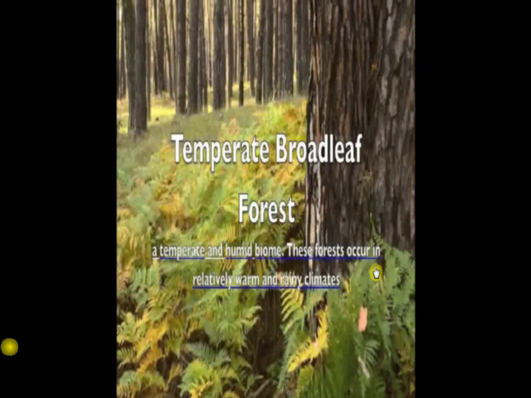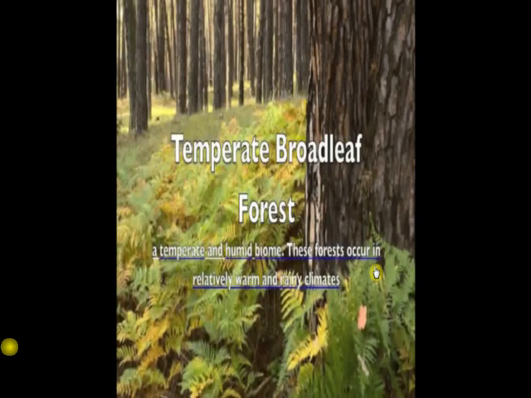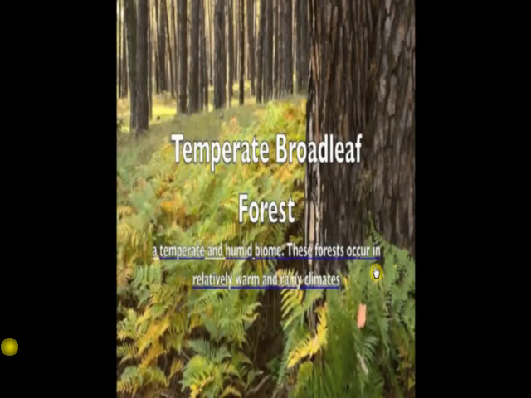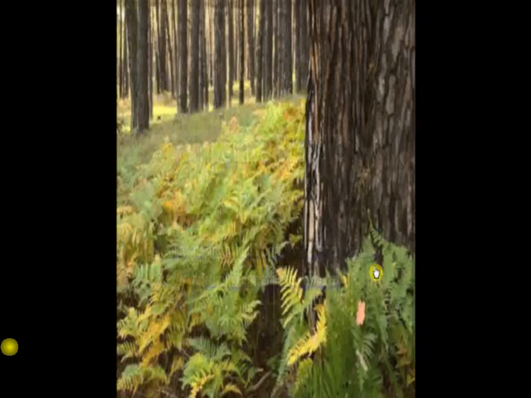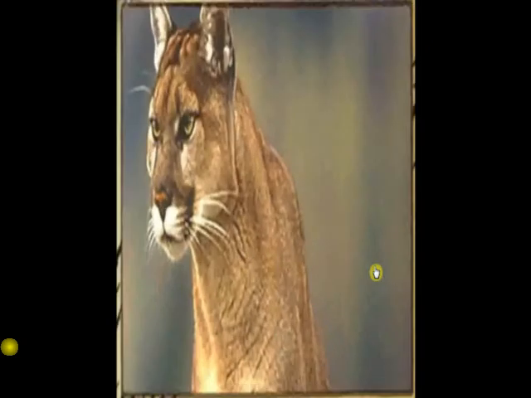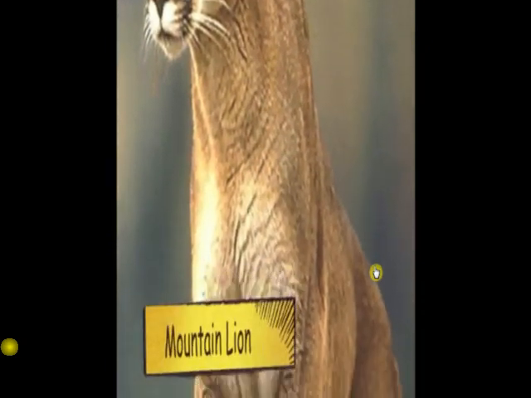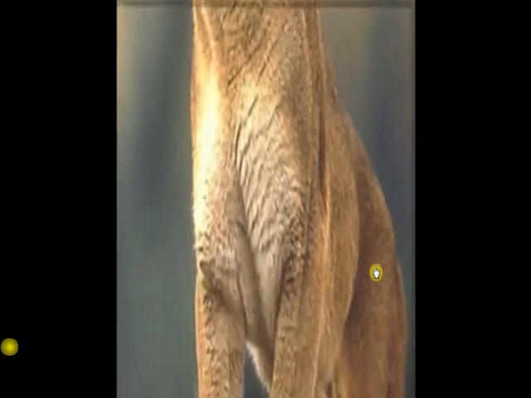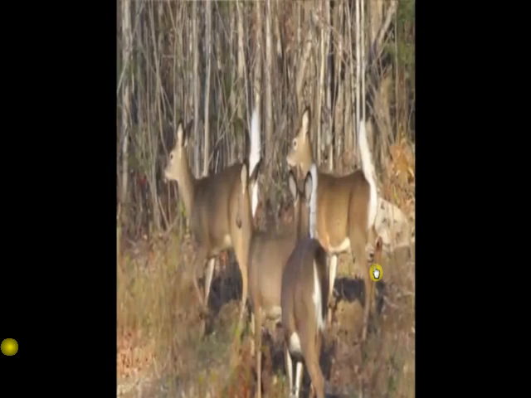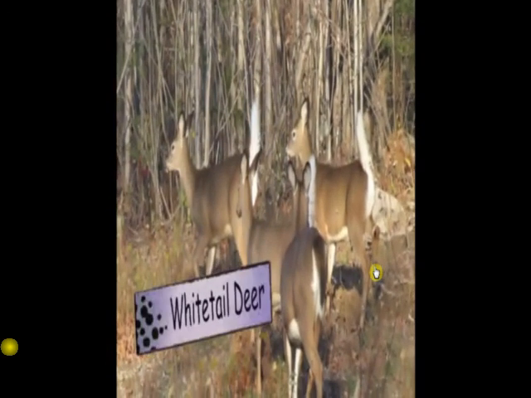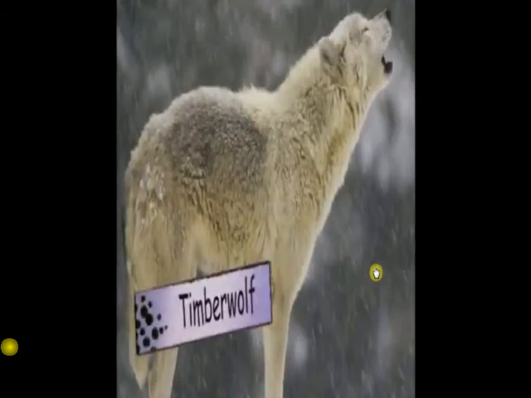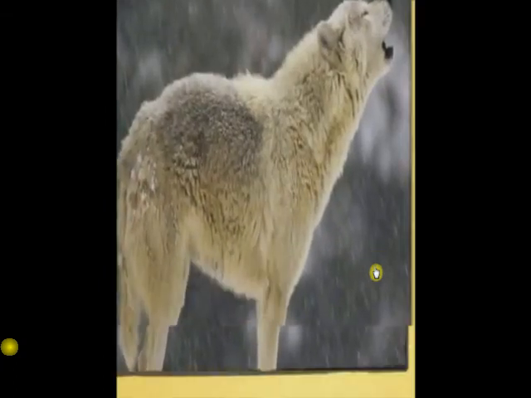And move into the broadleaf forest, the deciduous forest. The animals include mountain lion, white-tailed deer, and the timber wolf.